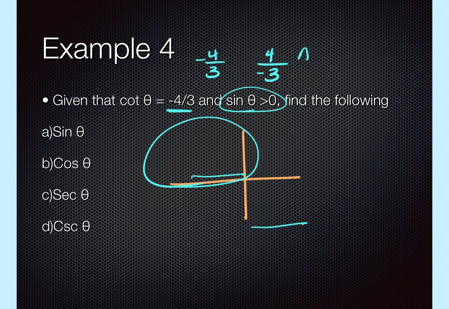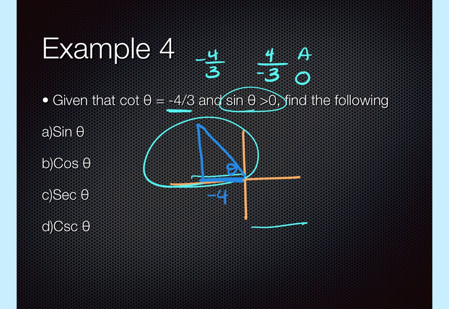represents the adjacent side and the opposite side because it's cotangent. In the second quadrant, I move left and up. So which of the sides is going to be negative? The adjacent side is going to be negative, right? Because I'm moving left.